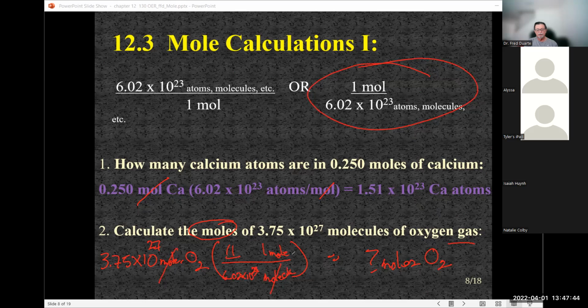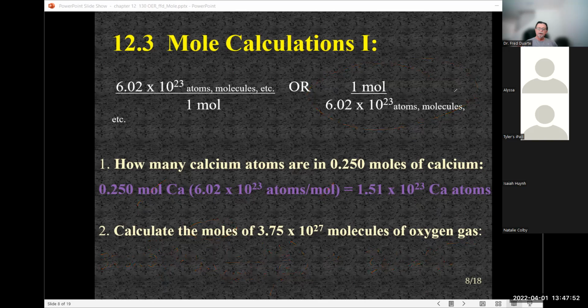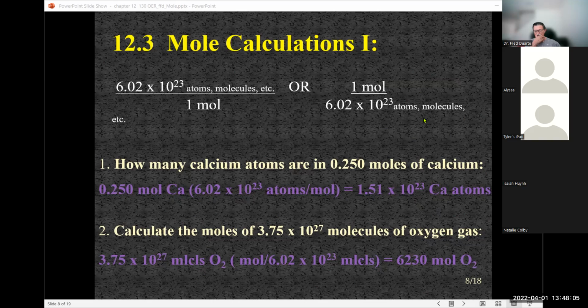They cancel out, leaving us with moles of oxygen gas. So let me clear it up. Doing that, we end up with 6,230 moles of oxygen.